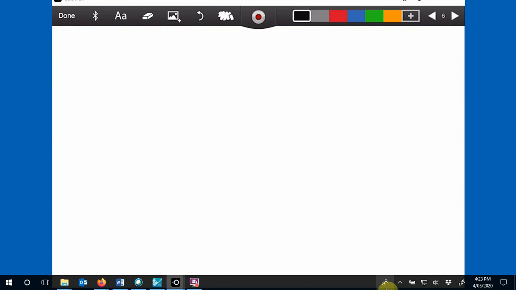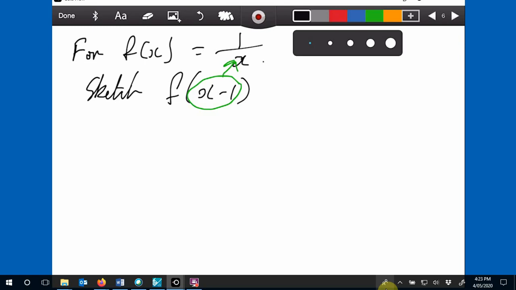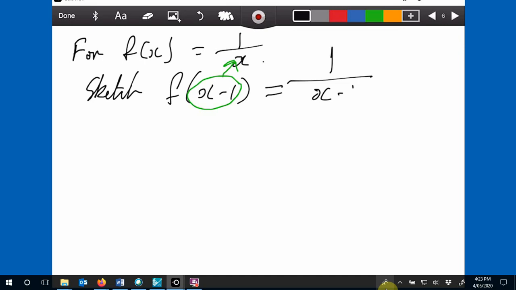Have a look at this example here. So say f of x equals, let's go with 1 on x again. I want to sketch, say for example, f of x minus 1. So what does that mean? That means take this x minus 1, put it in here. So if we do that, f of x minus 1 is 1 over x minus 1.